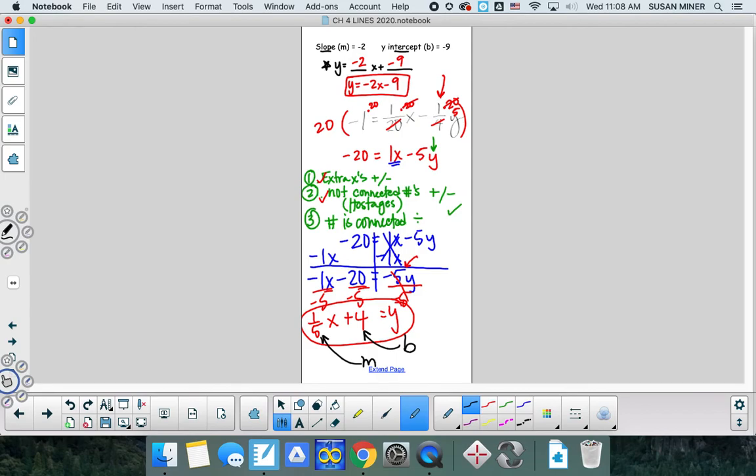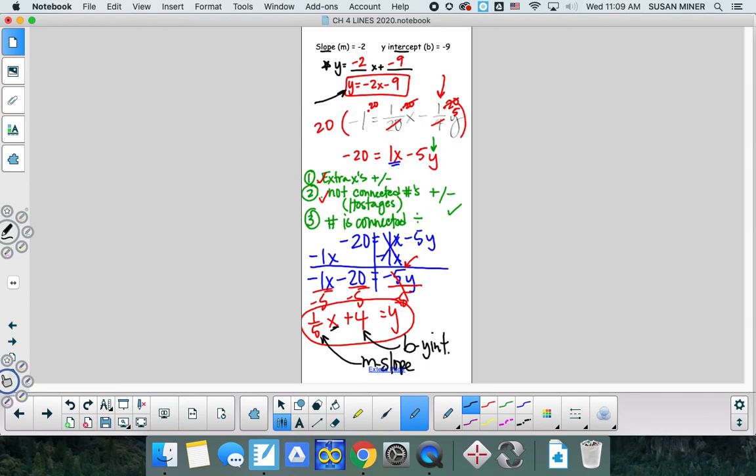I usually have y over on the left-hand side like this one. But remember, my slope is always the number that's paired with the x, right? y equals mx plus b. And so this is my slope, and this is my y-intercept. So I can determine what those numbers are if I need to.